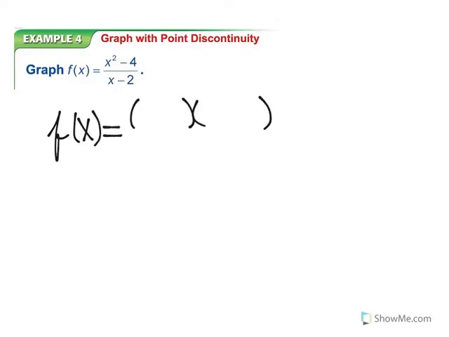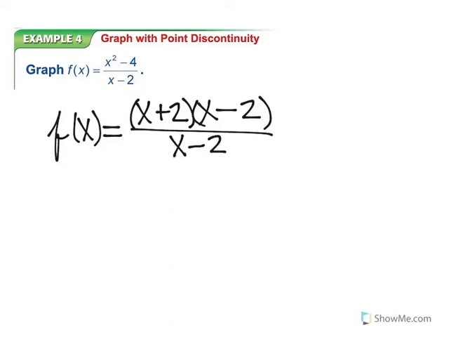When you're factoring a difference of squares, you take the square root of x squared, which is x. Square root of 4 is 2. And then you have opposite signs, plus and minus. Alright, and you're dividing by x minus 2. Now here, if we set the denominator equal to 0, we have x minus 2 equals 0.